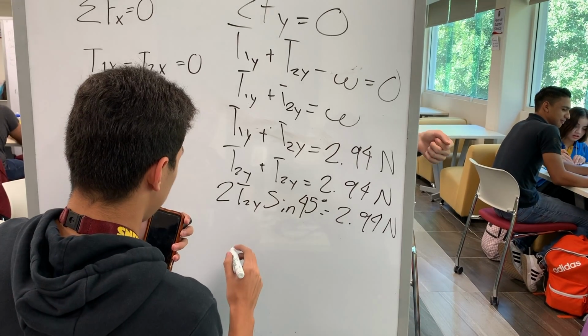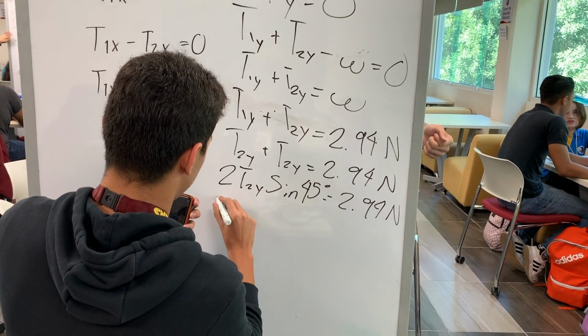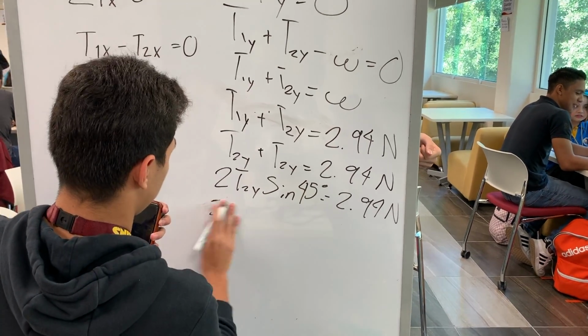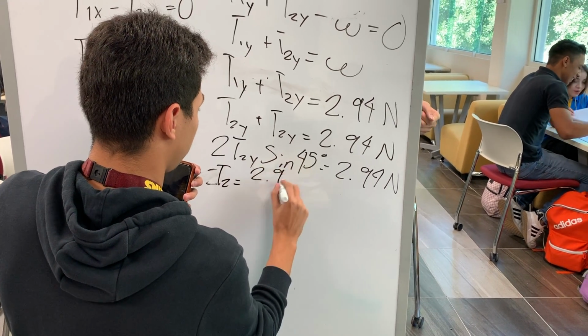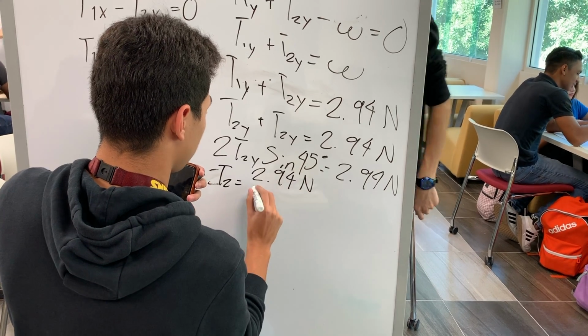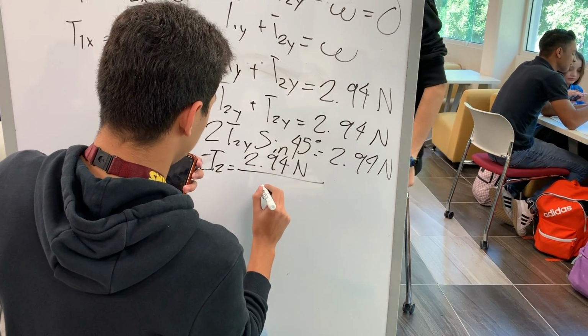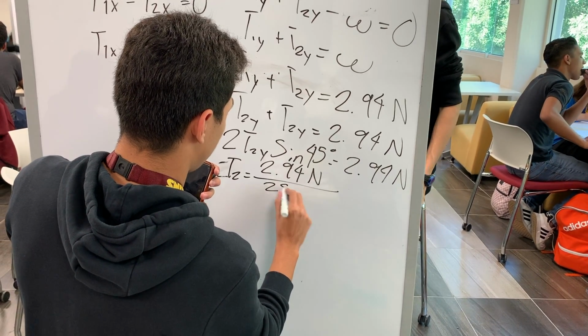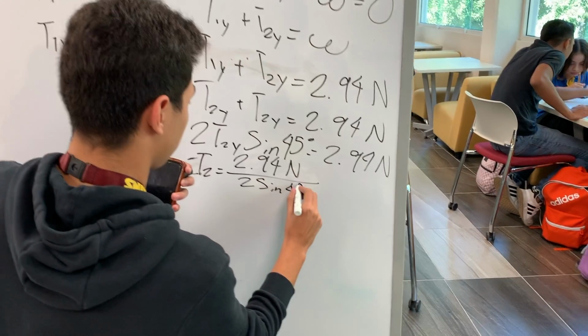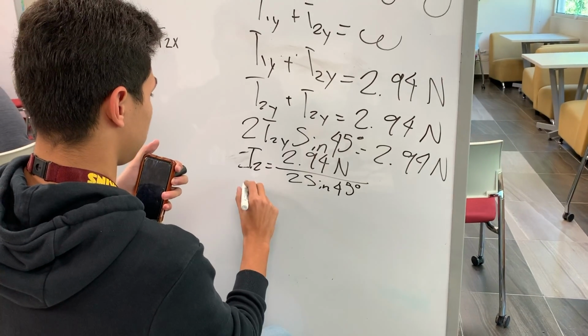And we isolate: tension 2 is equal to 2.94 newtons divided by the sine of 45 degrees.